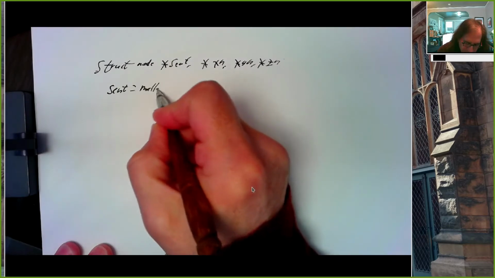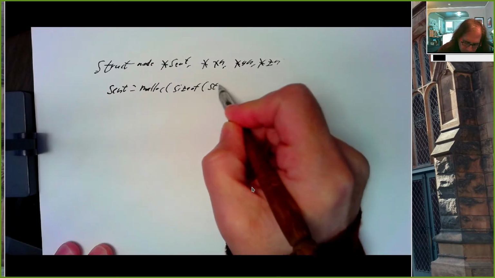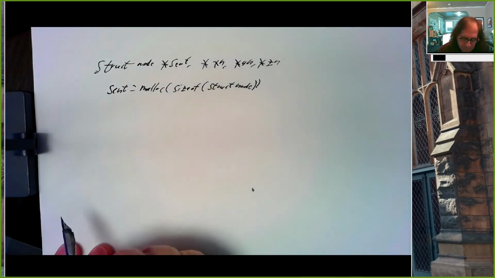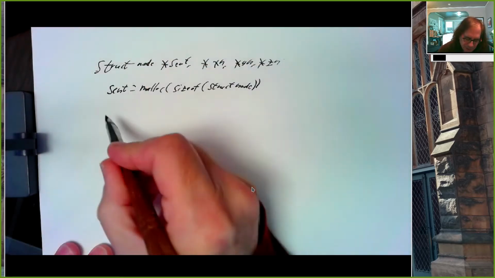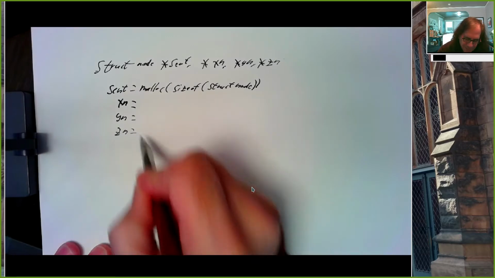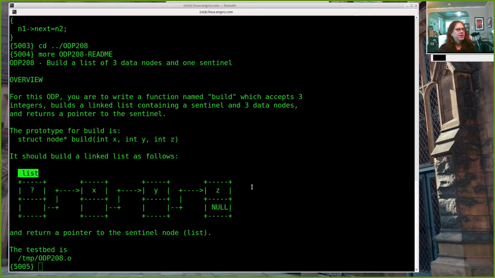And then allocate space. Do that for xn, do that for yn, do that for zn. So now you have a set of four nodes that you have references to.